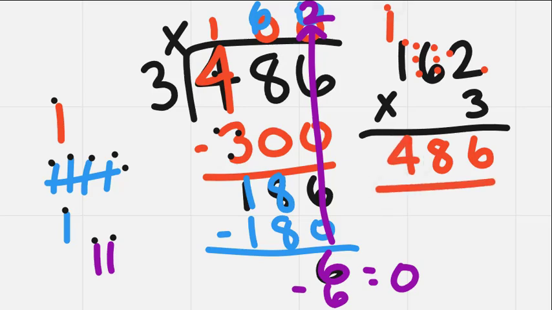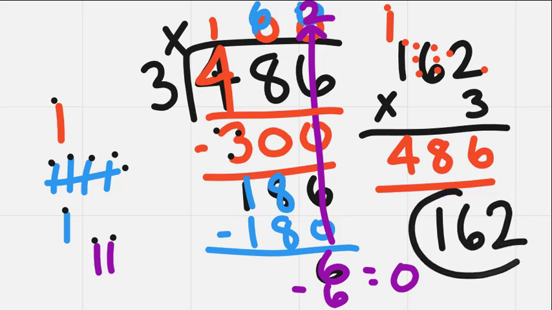Our answer of 486 equals our original number, 486. That means that our answer of 162 is the correct answer. 486 divided by 3 equals 162. Be sure to check your work.